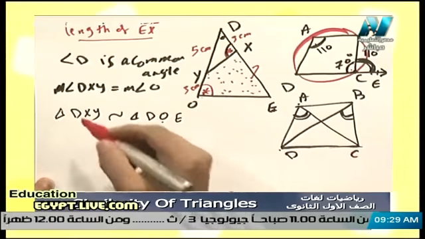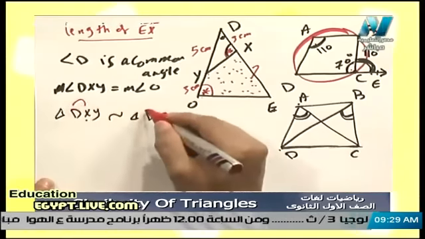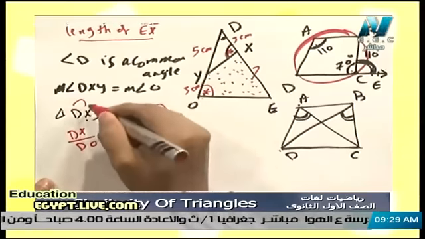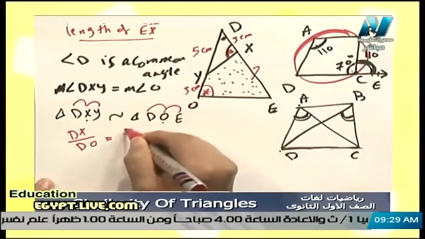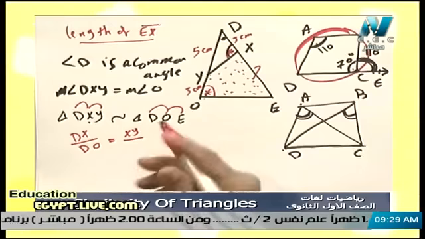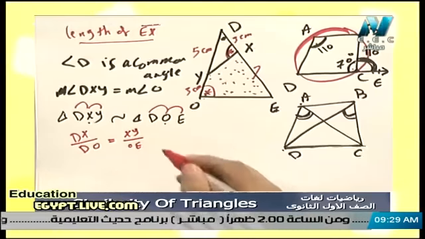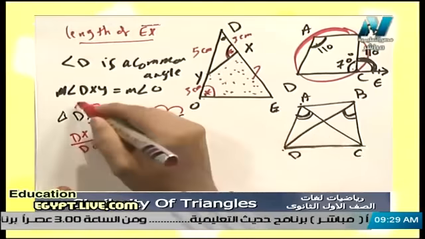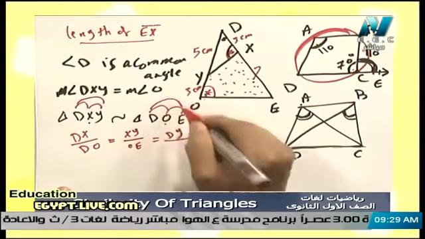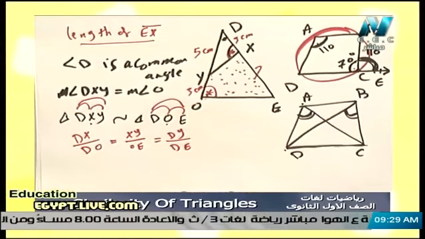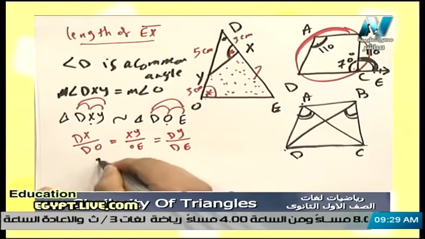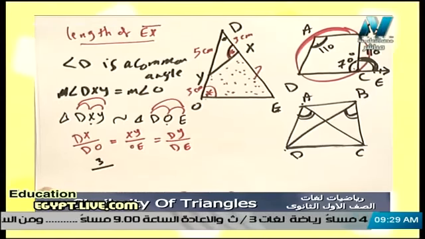DX over DO equals XY over OE, which equals DY over DE. By substitution, DX equals 3 centimeters over DO.